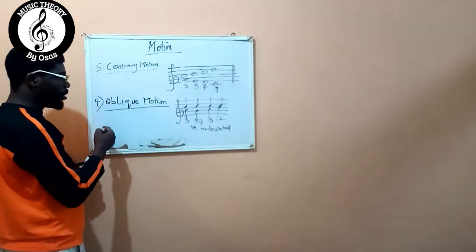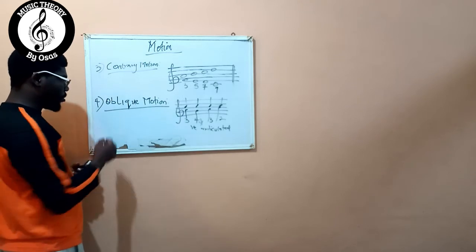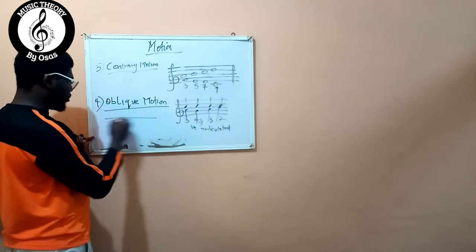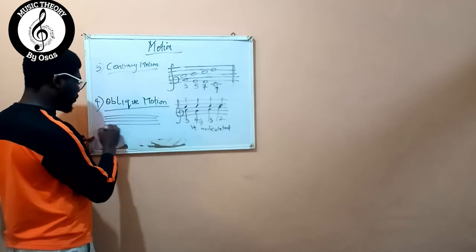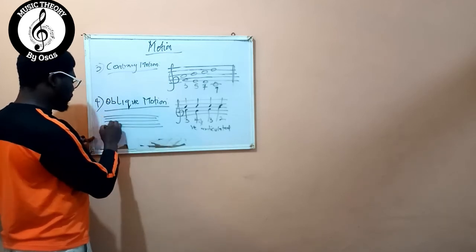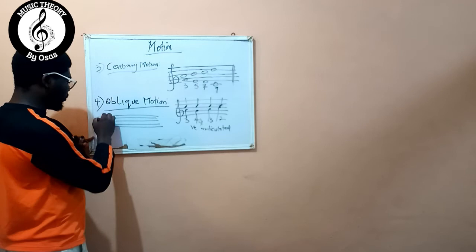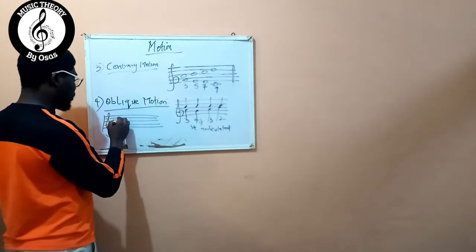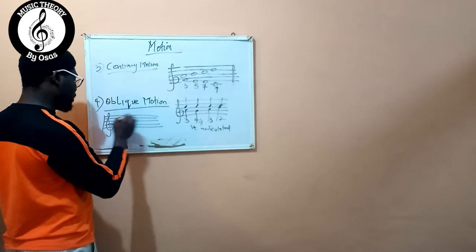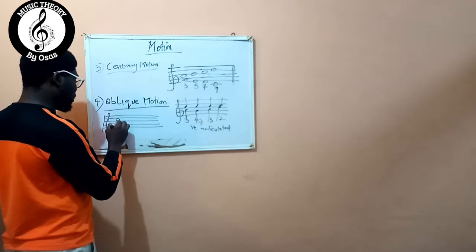Let's look at the real stationary oblique motion. So let's count 1, 2, 3, 4, and 5. We just repeat this note here.